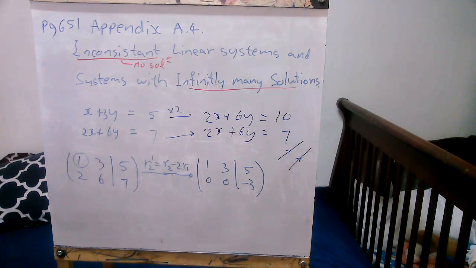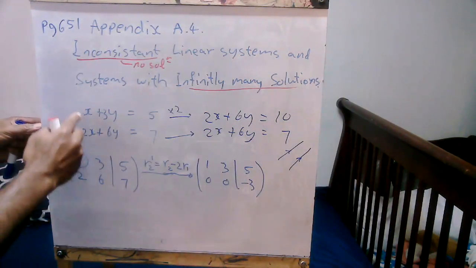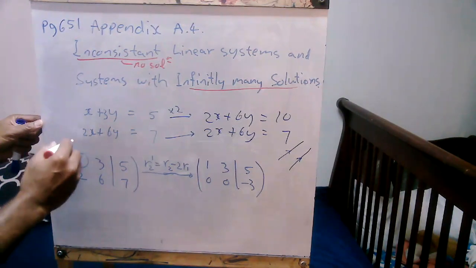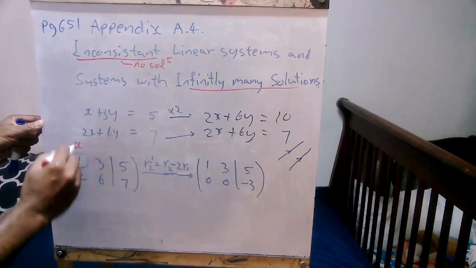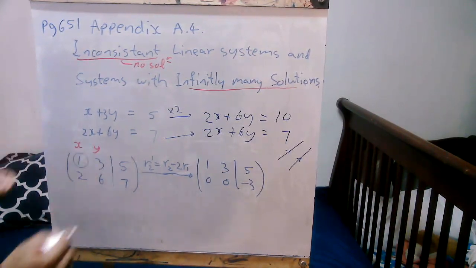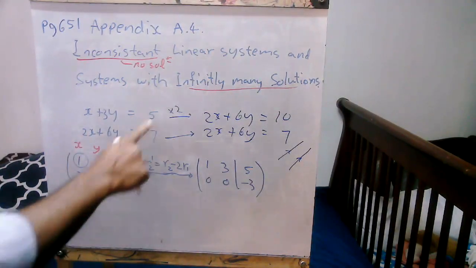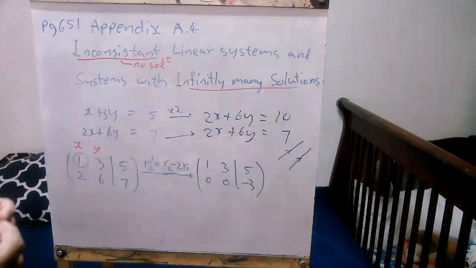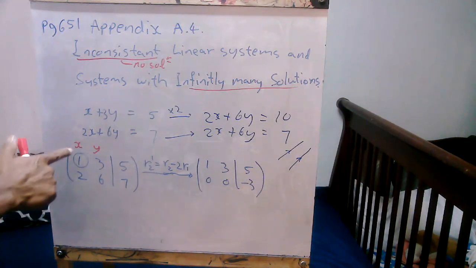When we're doing that, please remember this first column. Notice the first column gives us coefficients of x, and the second column gives us coefficients of y, right? This third column is the right side, right? We're going to use that later on.